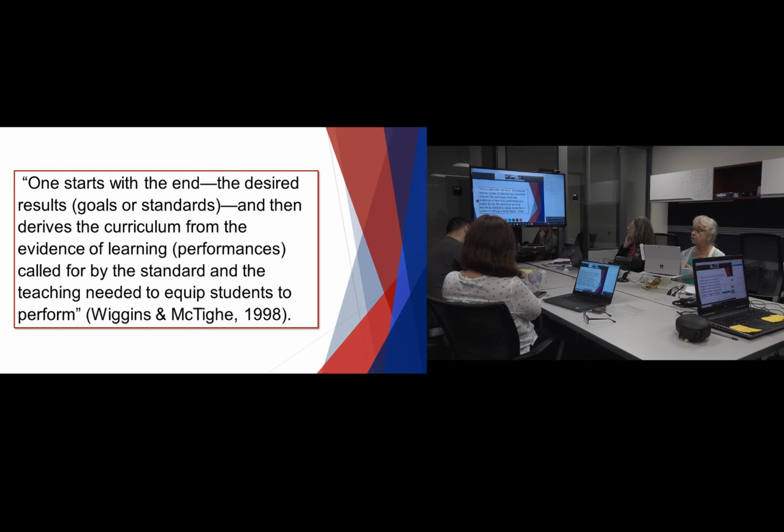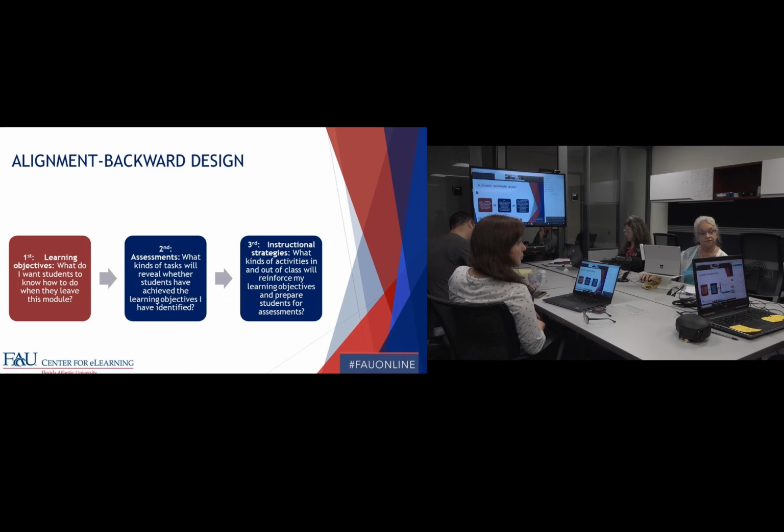So we think about what evidence the students are going to provide for us, and then what we need to provide for them in order for them to be able to accomplish that. This is from Wiggins and McTighe, Understanding by Design, and it's used in a great deal of courses and schools all over. So, a comment?